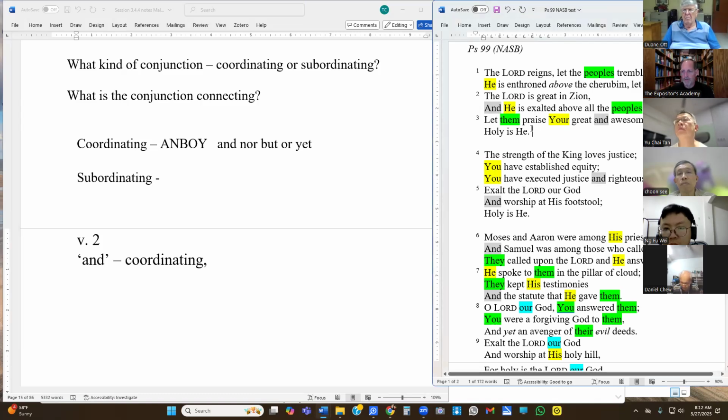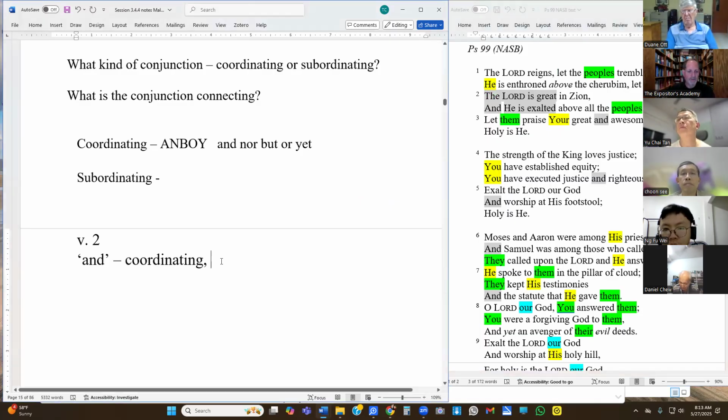So we want to start with, okay, well, what follows it? That's what it's connecting. But what's it connect? So it's connecting he is exalted to something else. What's it connecting that statement to? The Lord is great. Yes. And he's exalted. Exactly. So the Lord is great and he's exalted.